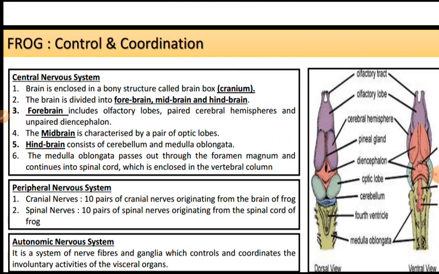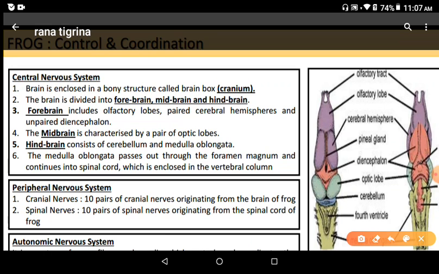The brain is divided into forebrain, midbrain and hindbrain. Forebrain includes olfactory lobes, paired cerebral hemispheres and diencephalon. You can see all these parts in this diagram: the olfactory tract, then olfactory lobes, then cerebral hemispheres and then diencephalon.